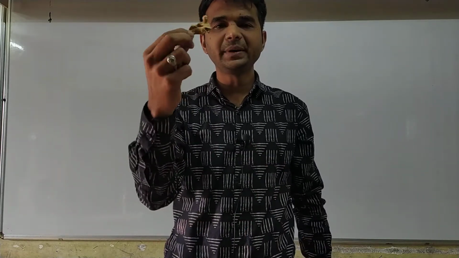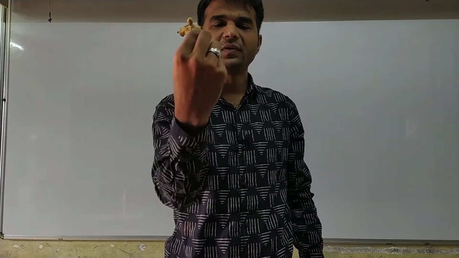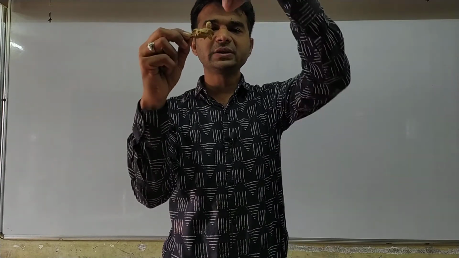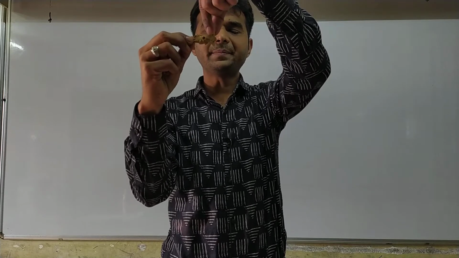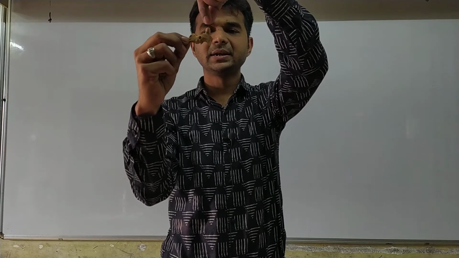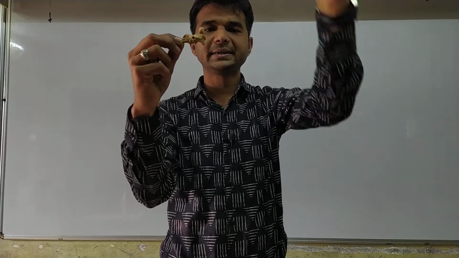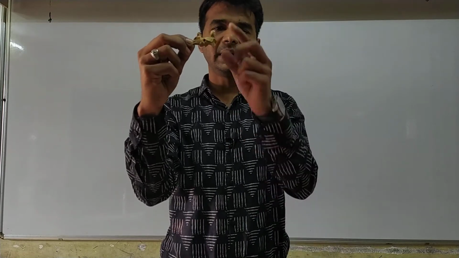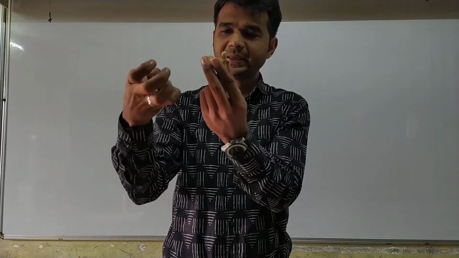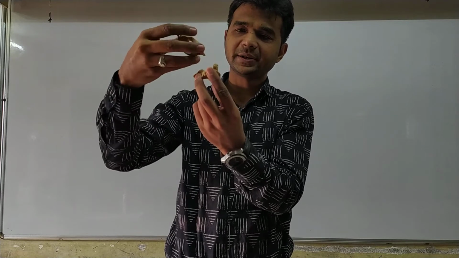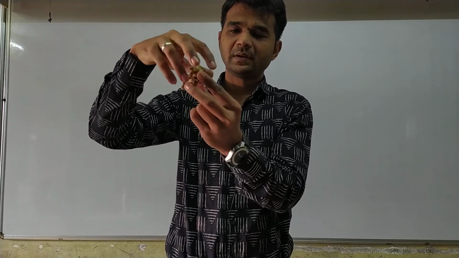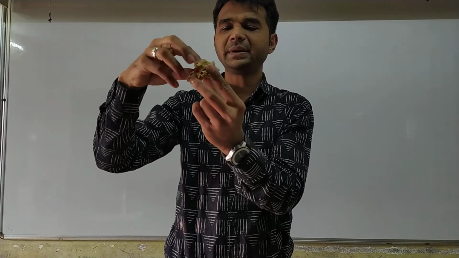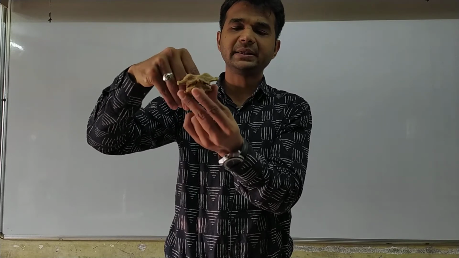The second vertebra is known as axis. Why is it known as axis? You see, you are able to see this projection in the axis, and this axis articulates with the first vertebra, atlas, like this.